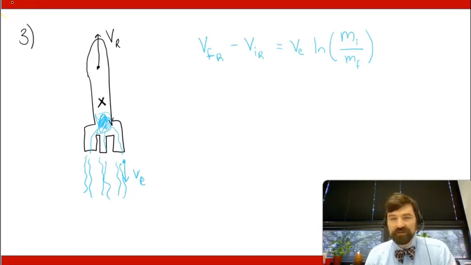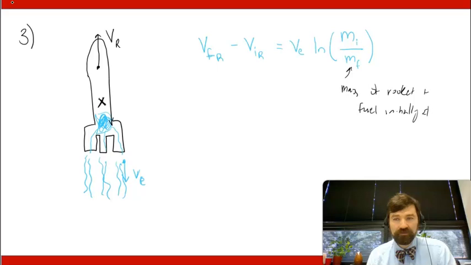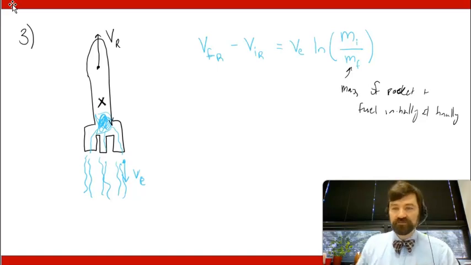And this right here being mass of rocket plus fuel initially and finally. So this gives us what is the actual sort of expected speed of the rocket after it's burned through so much of its fuel.